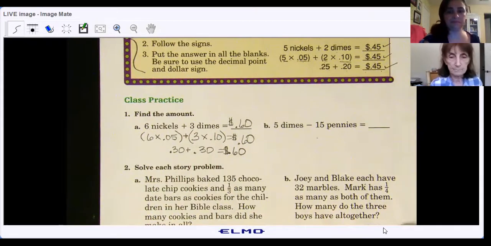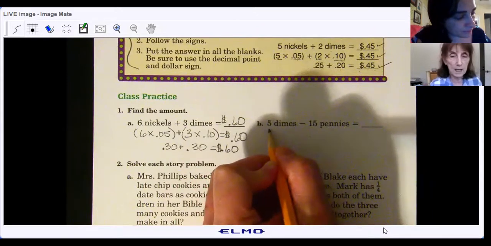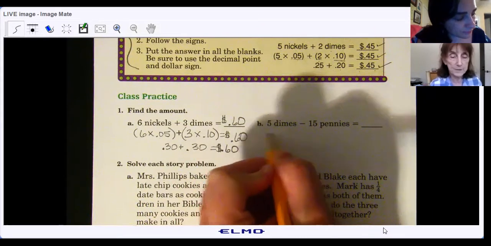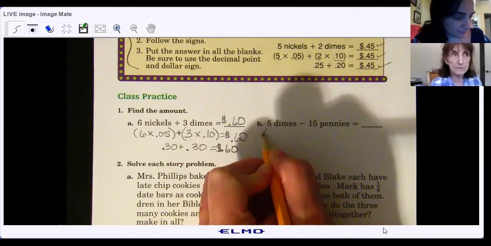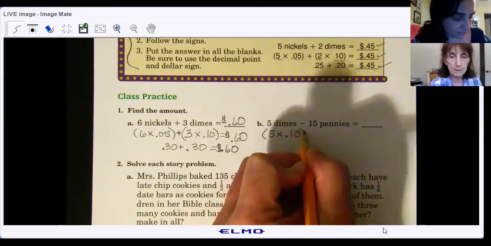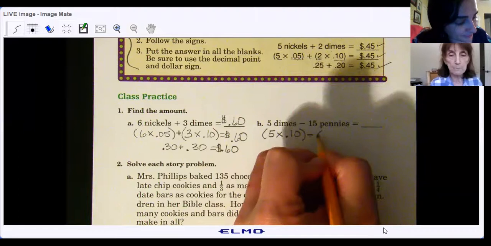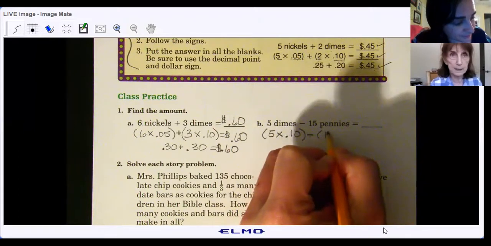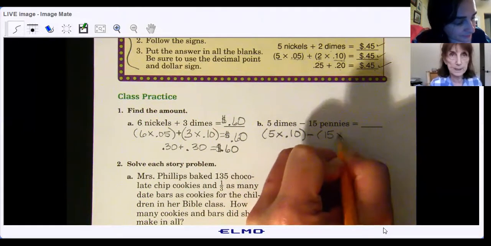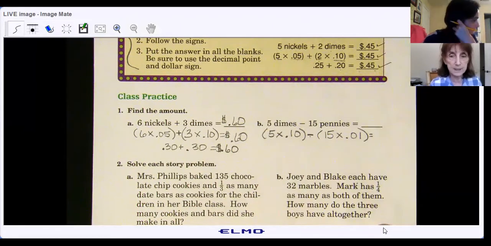All right, let's try the next one. 5 dimes minus 15 pennies. Okay, 5 dimes times the value of a dime. So 5 times 0.10, 10 cents, in parentheses, minus 15 pennies. What's the value of a penny? It's 0.01, 1 cent. So 15 times 1 cent is 15.